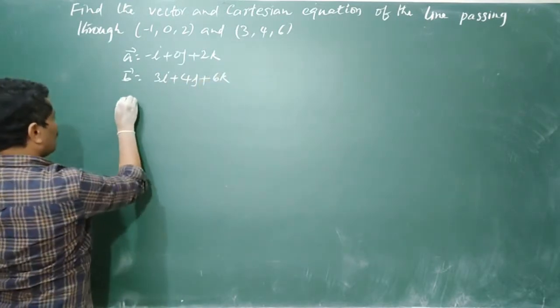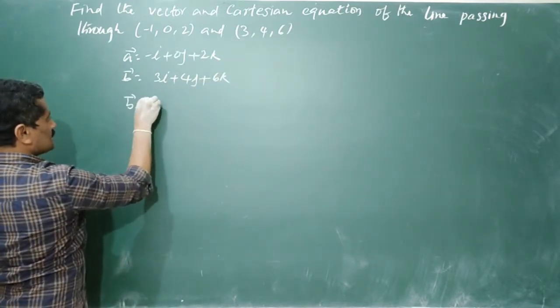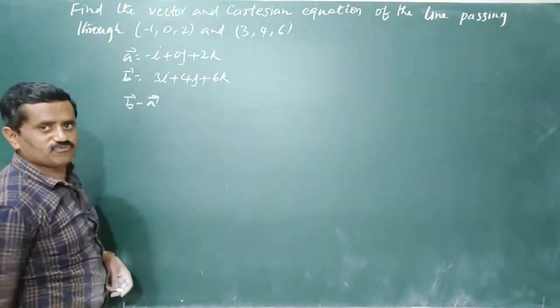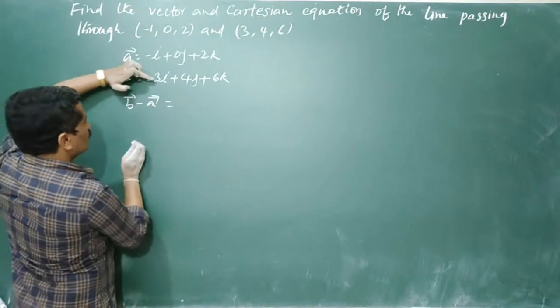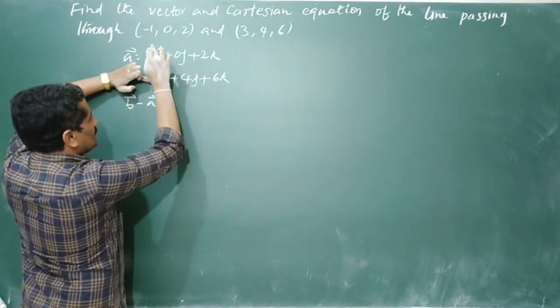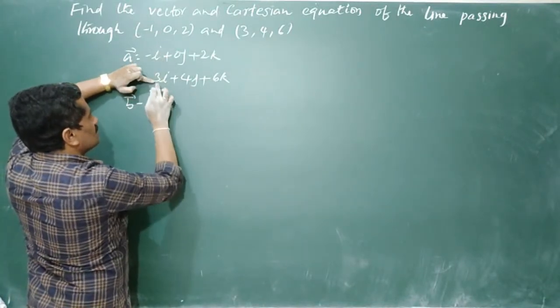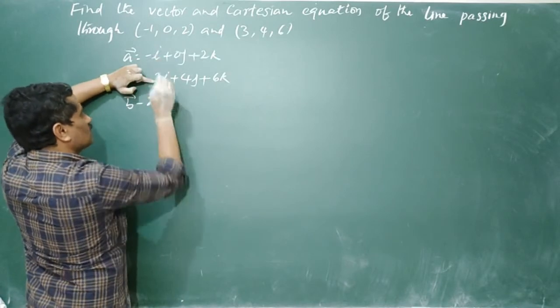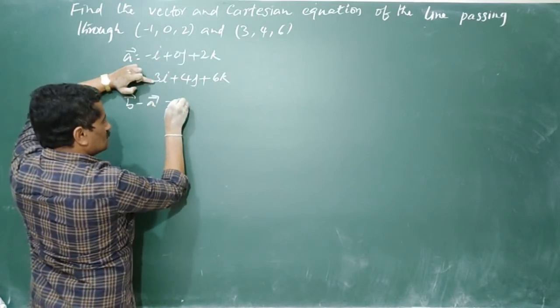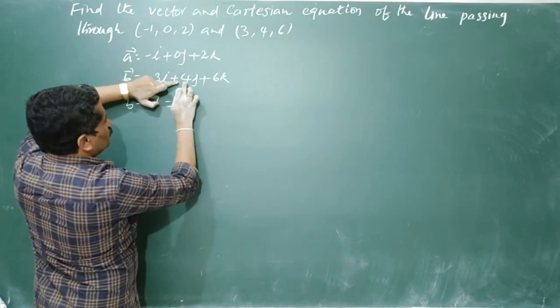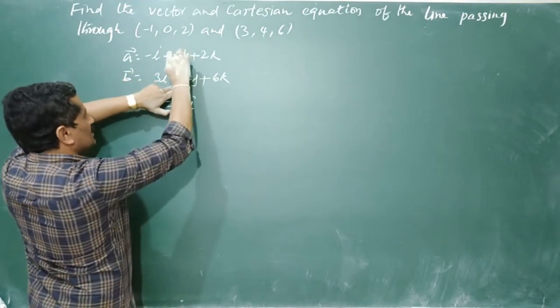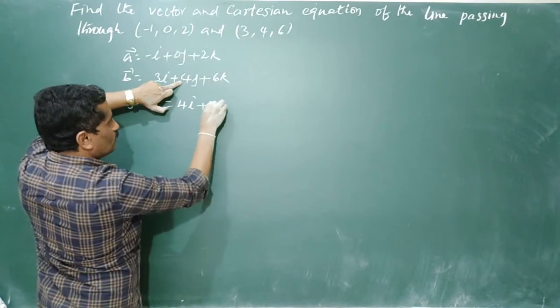Here we need to find b bar minus a bar, subtraction of two vectors. That is equal to, so 3i minus (minus i), that is 3 minus of minus 1, so 3 plus 1, we have 4i. Again 4 minus 0, we have plus 4j.